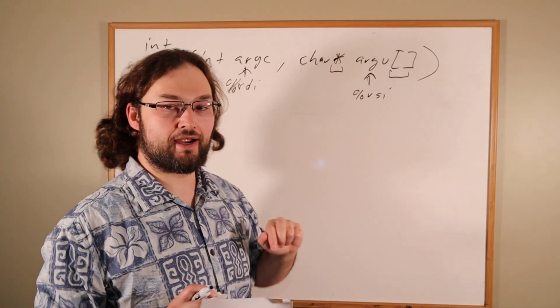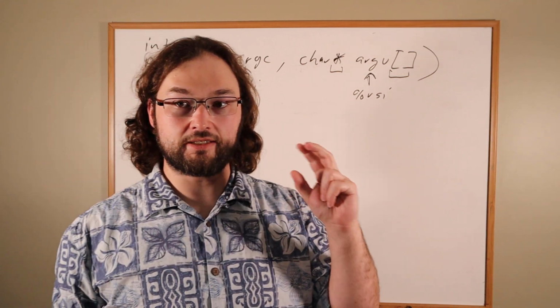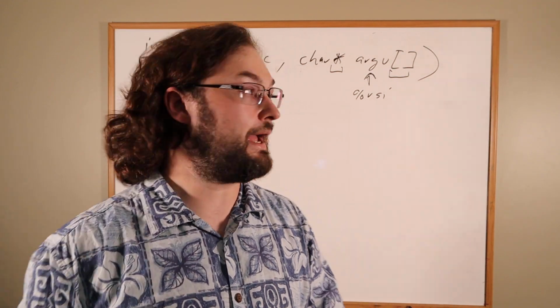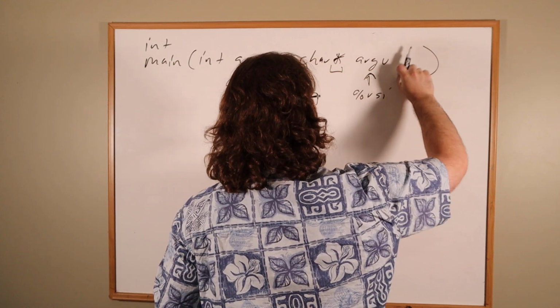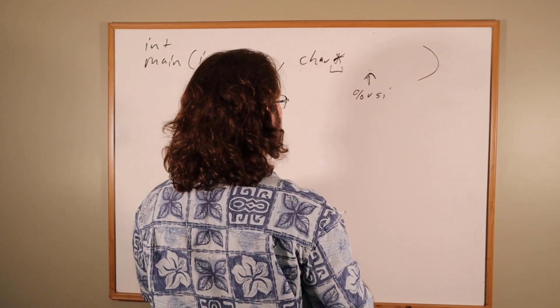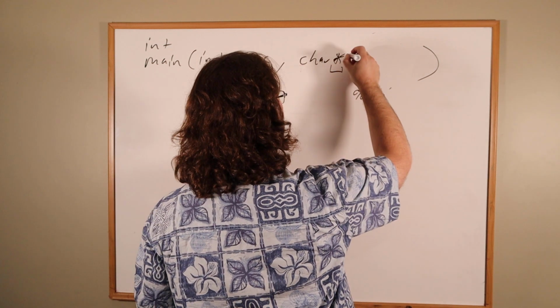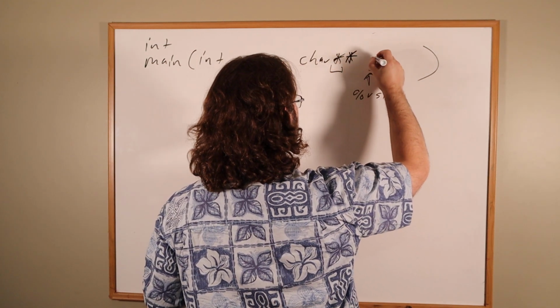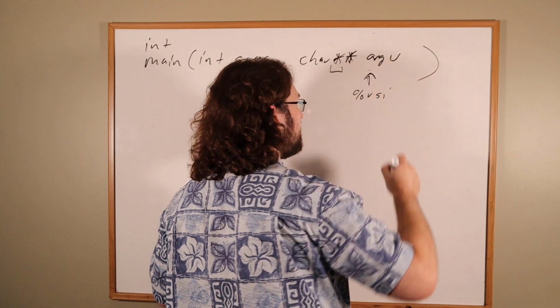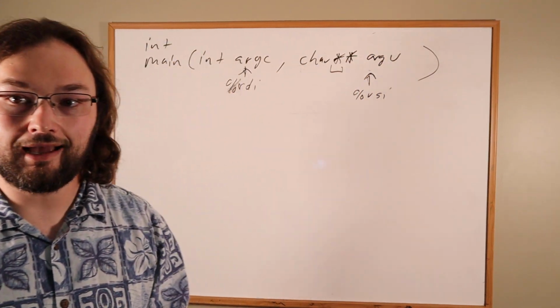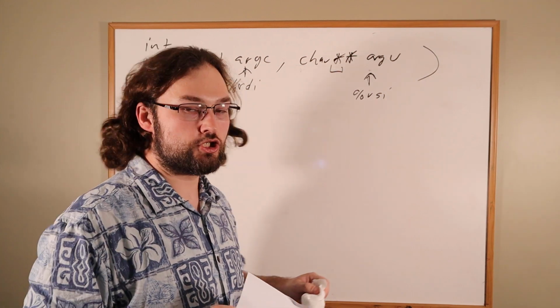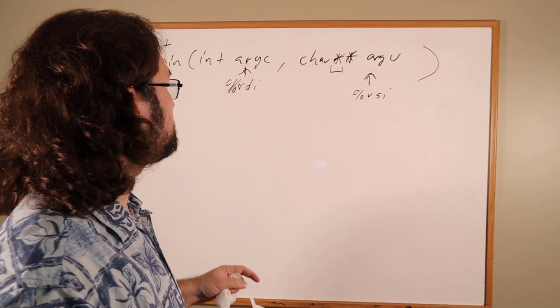The way we represent arrays is as the memory address of the first element in the array. And so without changing how this works at all, I can rewrite this from being a char pointer array to being a char pointer pointer. That'll make the layout a little bit clearer. That's the same exact thing. I didn't change anything. I just changed how we're writing it.